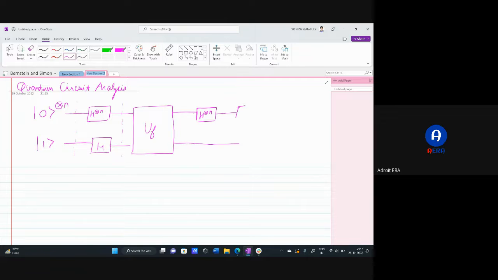Okay, and then we have measurement, and that's it. So same kind of thing which we were doing, very similar. So you do not have to struggle too much today for this algorithm. Very similar to Deutsch-Jozsa, so you can keep referring back to the Deutsch-Jozsa derivation while I am doing this.